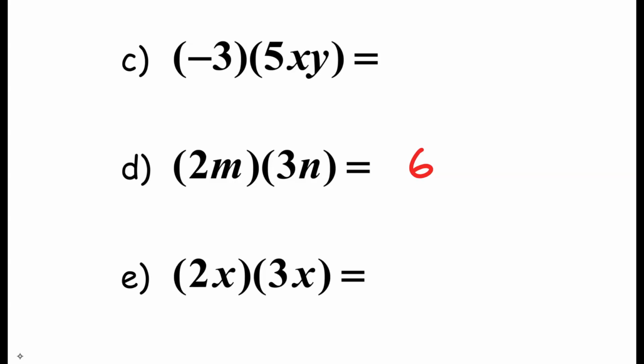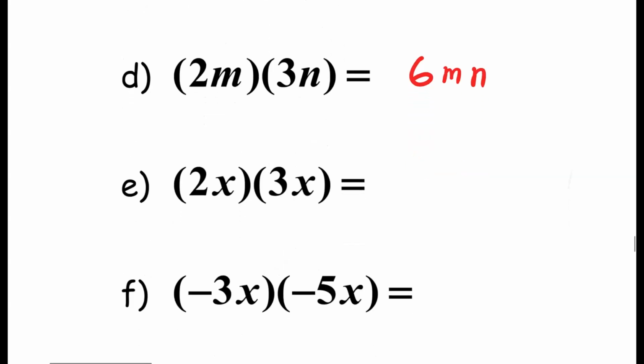We're not going to add the exponents together. So what we do is we put m and n down. Remember, it's in alphabetical order, and if they were the same variable, we would be adding the exponents, but because they're different variables, we're putting them down.